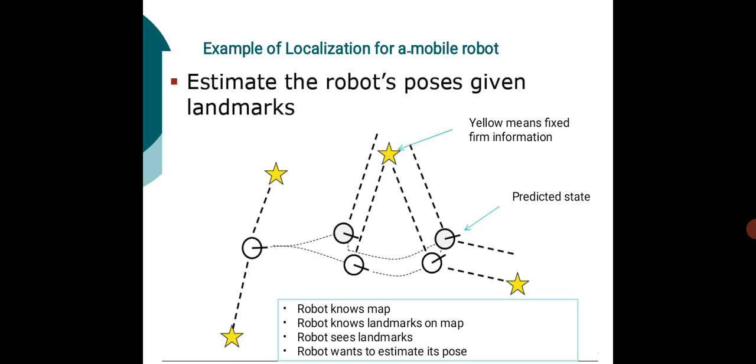So the robot will know the map. The robot knows landmarks on the map, and it will see the landmark and want to estimate its pose. Here the yellow stars mean fixed, firm information, and the round circles tell you about the predicted state.